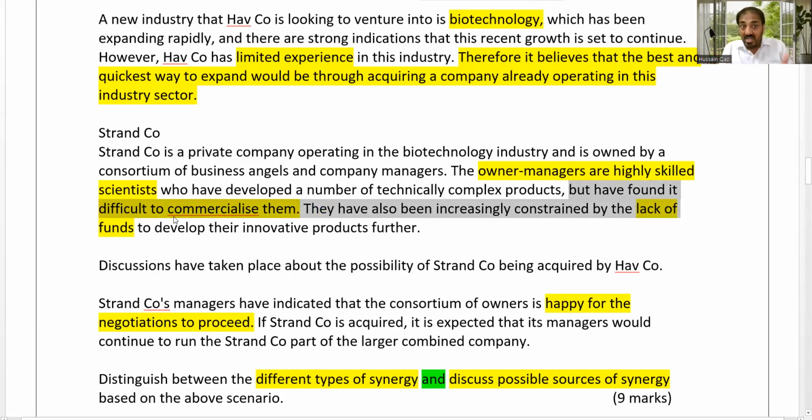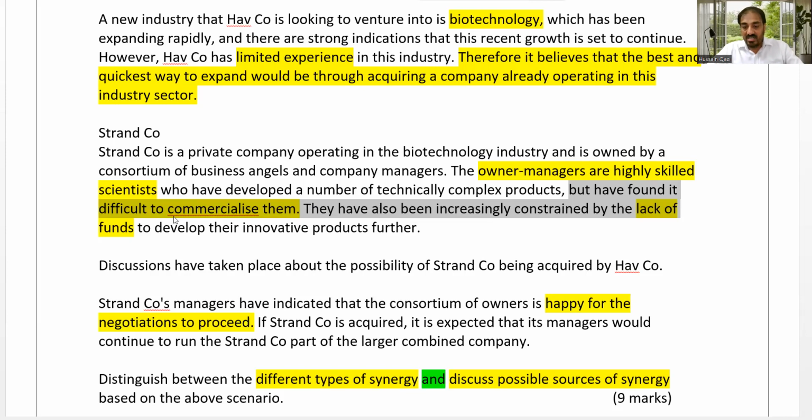So whatever the Strand company is now doing, synergy means that when Strand merges with Have, the ability of Strand to generate revenue is higher than what they are doing before the acquisition or right now.